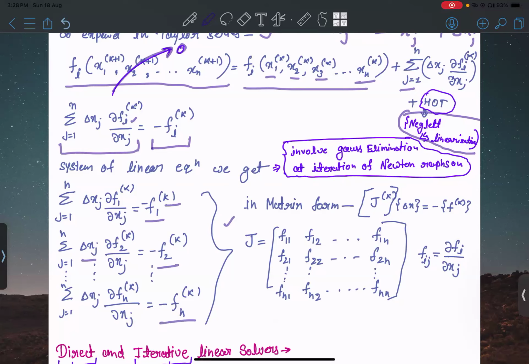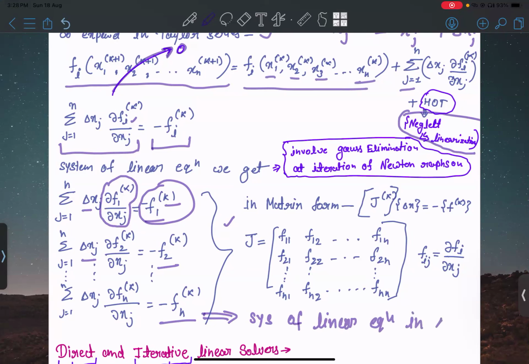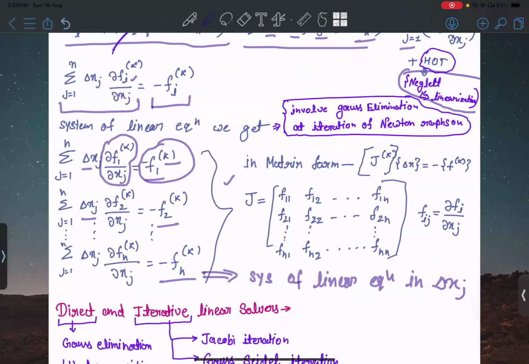This is my known value, and this is also my known value. So only delta xj is unknown. So what I have found is a system of linear equations in delta xj. Now, how can we solve this system of linear equations?